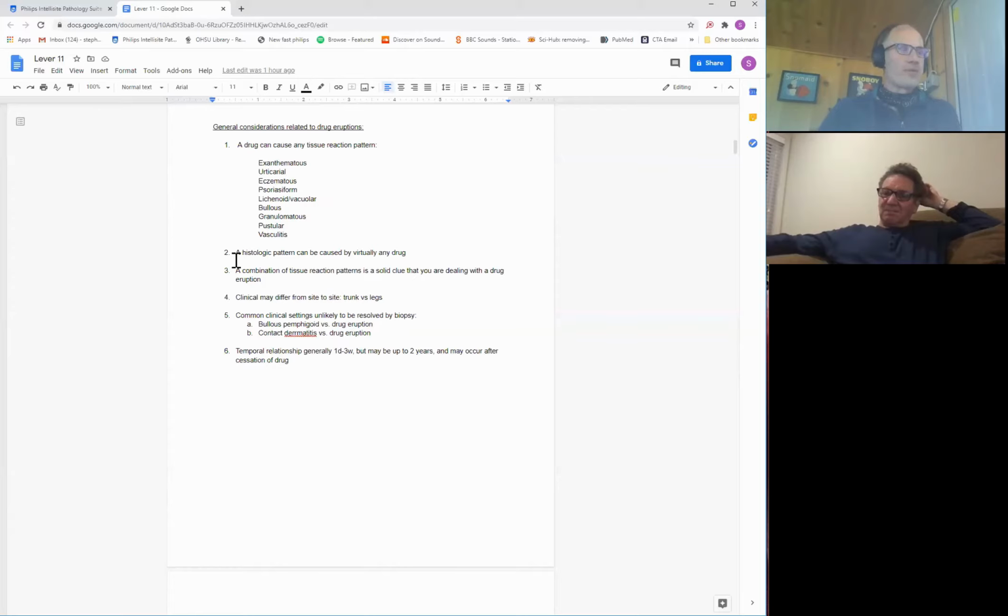But one of the things, number 3, is really important for those of you who might want to become pathologists. A combination of different tissue reaction patterns seen in the same slide is a fairly solid clue that you're dealing with a drug eruption.